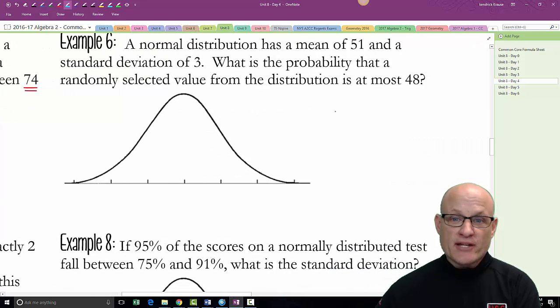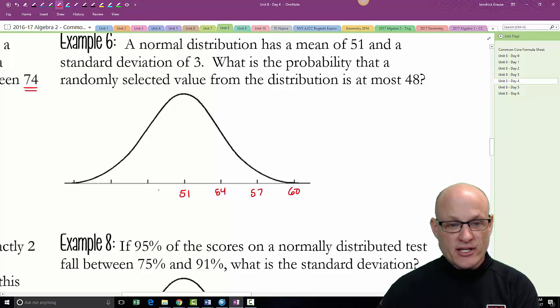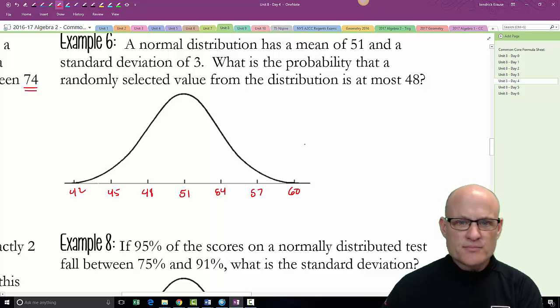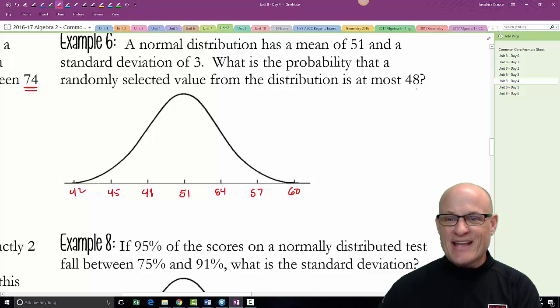A normal distribution has a mean of 51 and a standard deviation of 3. So let's go 51, 54, 57, 60. It's pretty easy to count by threes. 48, 45, 42. So what is the probability that a randomly selected value from the distribution is at most 48?